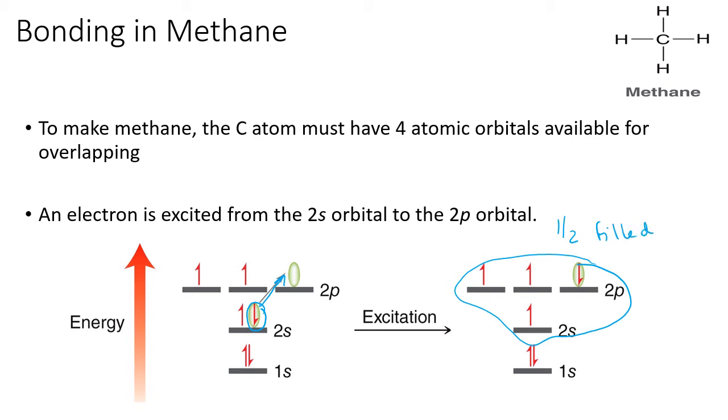They're not all equal energy. 3 of them are 2p, 1 of them is 2s, but we're on our way. At least we have 4 half-filled orbitals that are available for overlap. Our next step is to think about making them all equal energy by mixing them together, or in other words, hybridizing them.